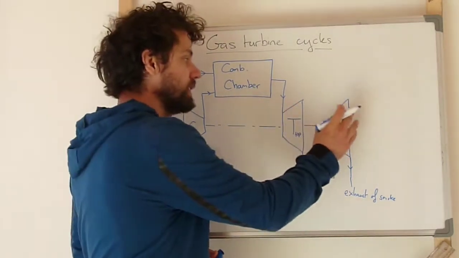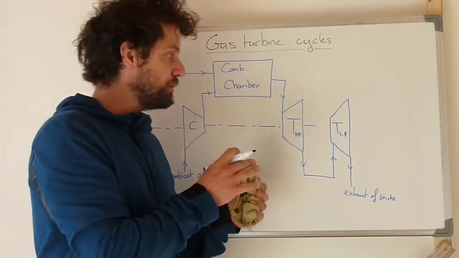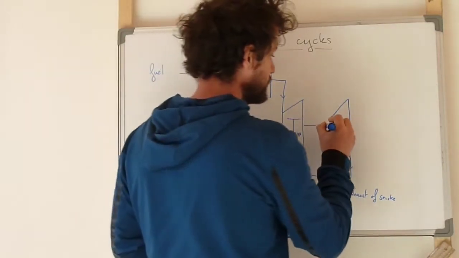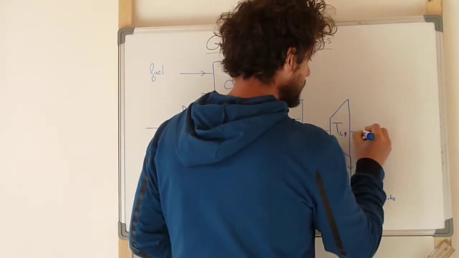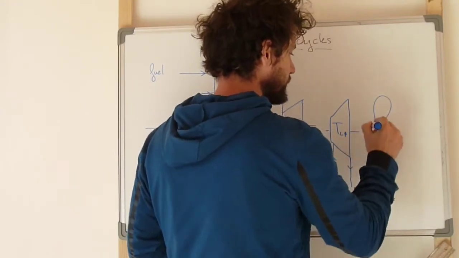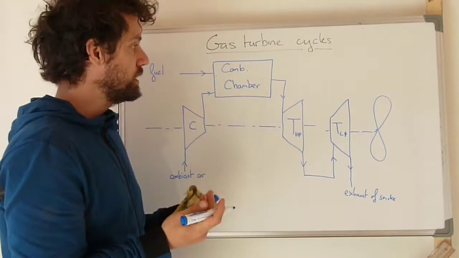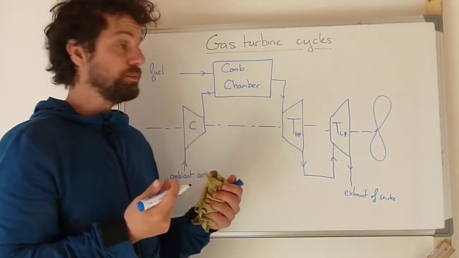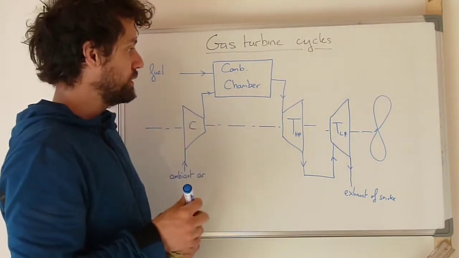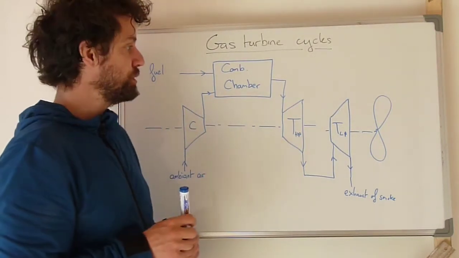Then the technical work that is provided by the fluids to this lower turbine stage can be used to run any machine. So for example, once again, a propeller, if we speak for example of turbo propeller for aeronautic propulsion.